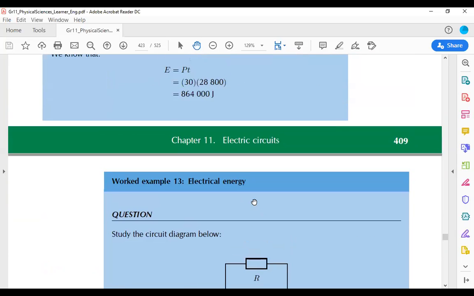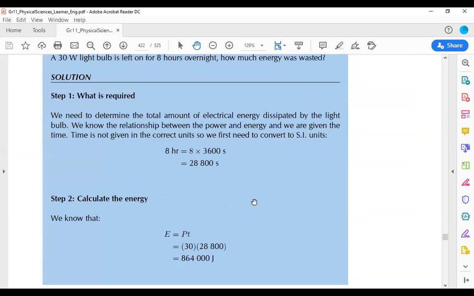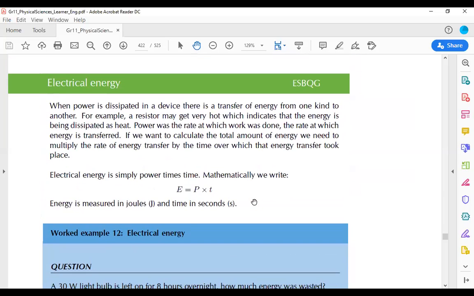All of these are the problems that we would be working out. So when power is dissipated in a device, there is a transfer of energy from one kind to another. Do not forget, this is one of the most important parts we need to know about power: from electrical energy to heat energy, from electrical energy to light energy.